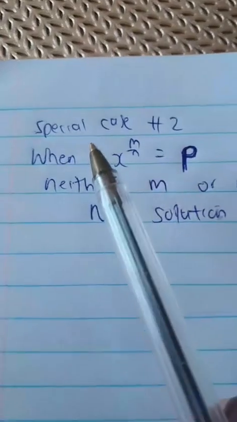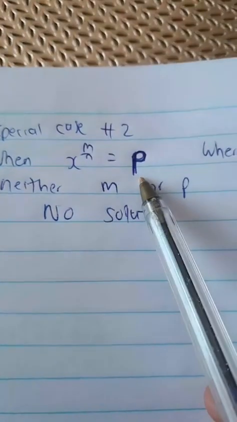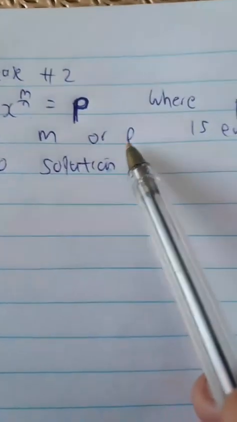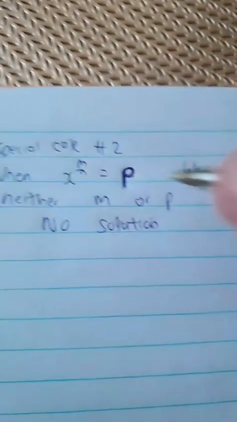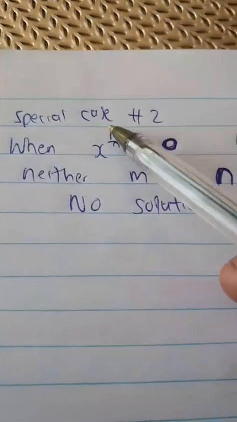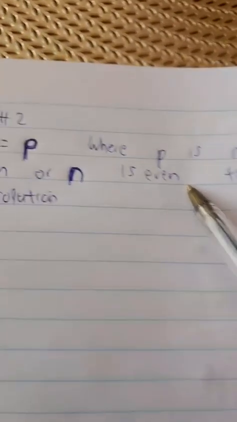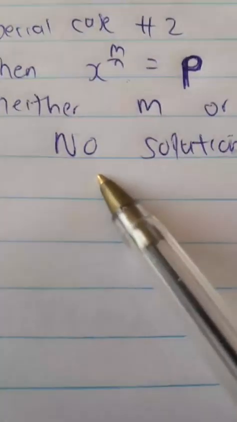Once again, let us repeat. When x to the power m over n is equal to p, where p is negative, and neither m nor n is even, there is no solution.